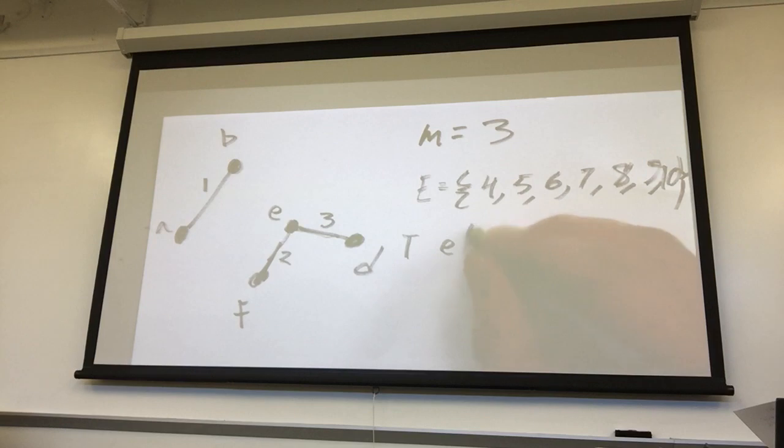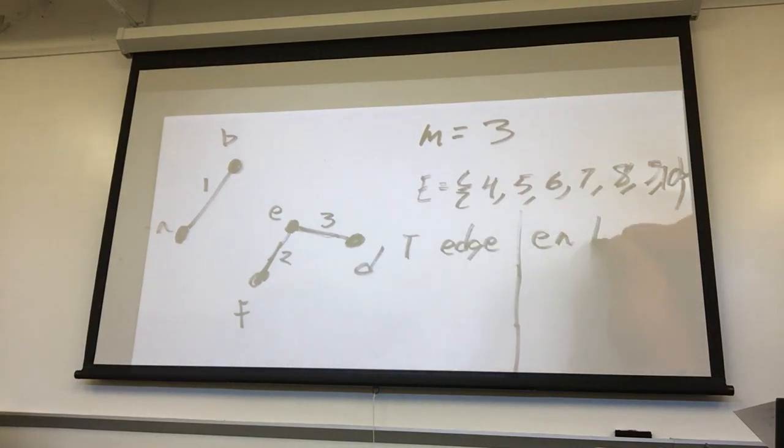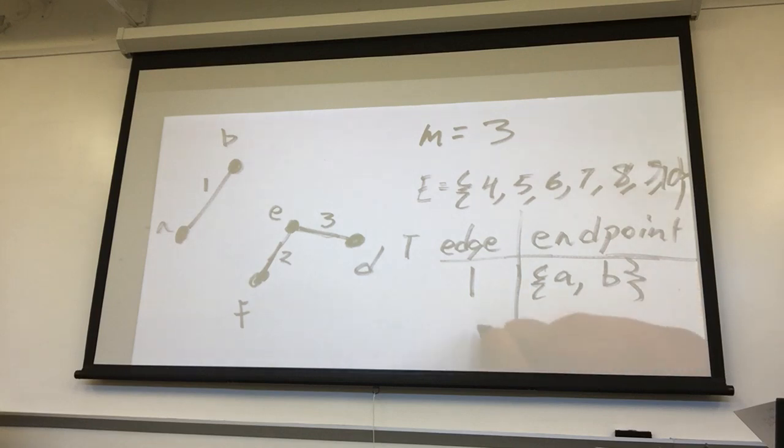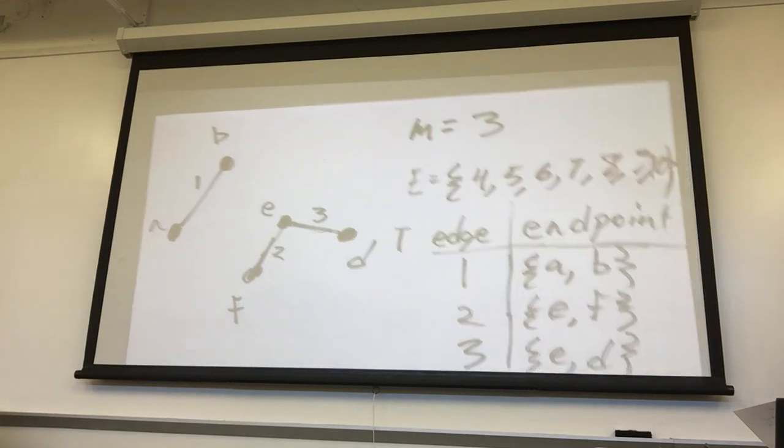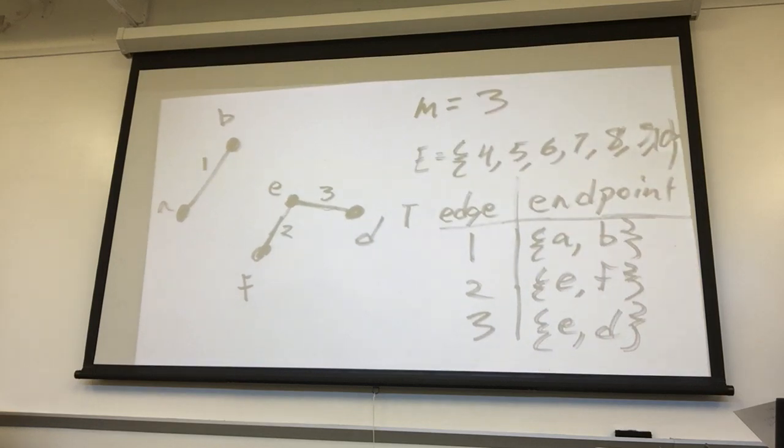And T's edge to endpoint, so that would be 1 is connected to A and B. 2 has to be connected to E and F. And 3 has connected between E and D. Okay.